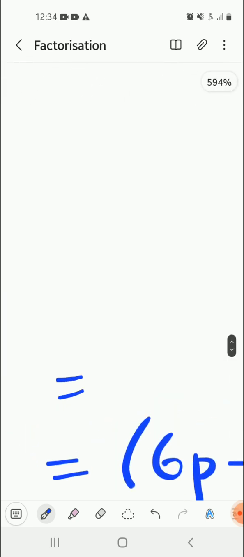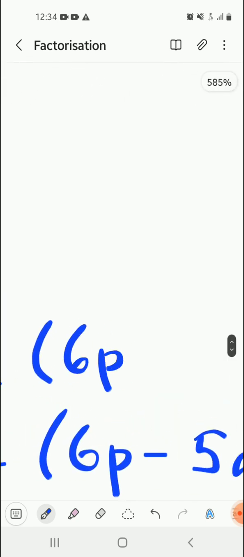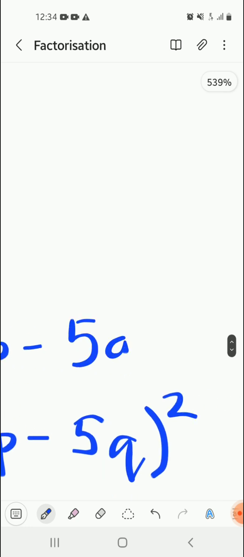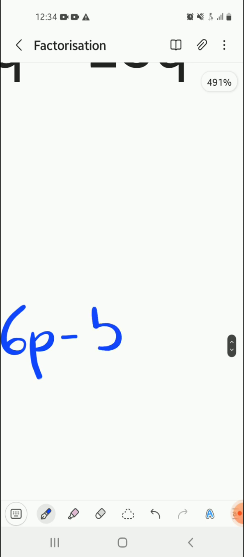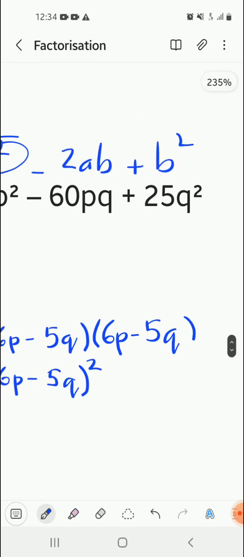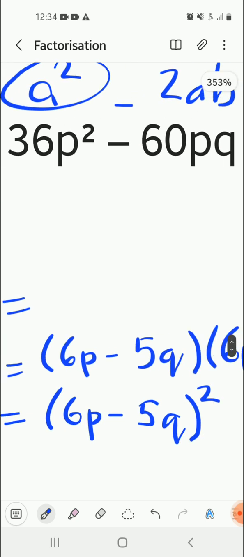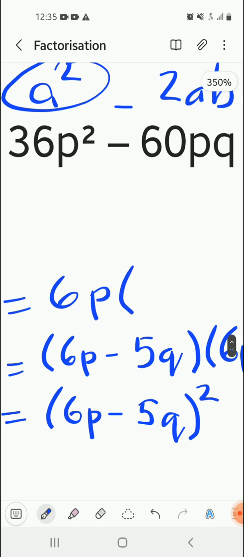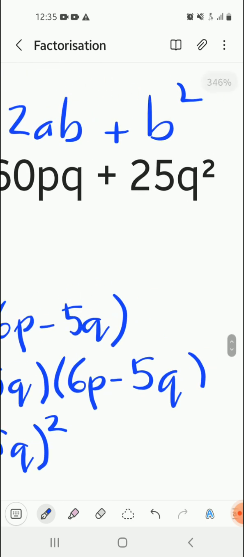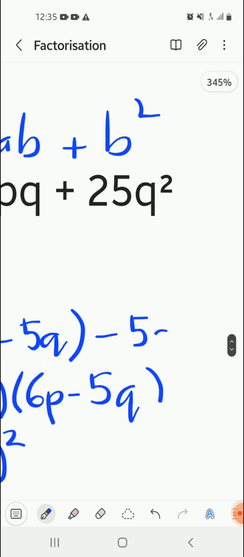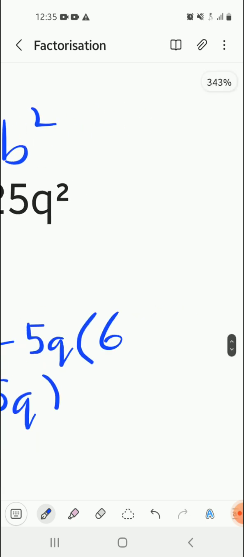Now we will do the back calculation. 6p minus 5q and 6p minus 5q. Again, back calculation, multiply 6p with the whole thing, that is 6p minus 5q, and minus 5q with 6p minus 5q.